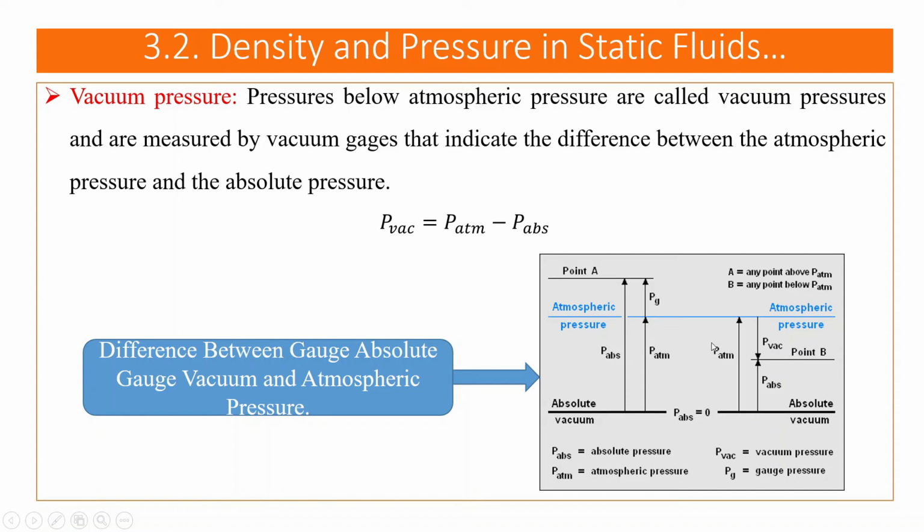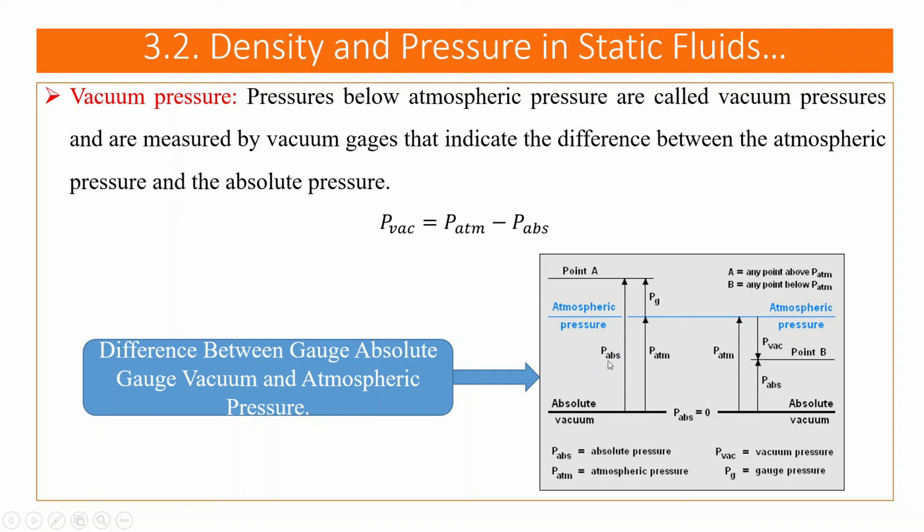Now just leave this one and let's consider only this diagram. In this case, the absolute pressure is from this point up to the point A. So the absolute pressure is equal to this pressure from here to here, the pressure of the atmosphere plus the gauge pressure.